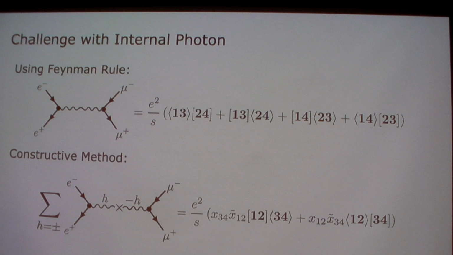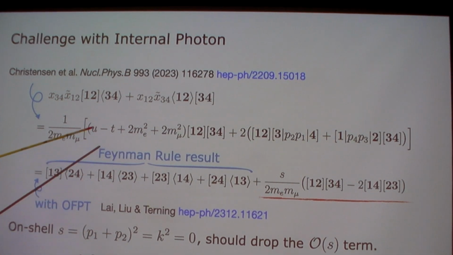Our plan is to apply this constructive method to scattering amplitudes involving magnetic particles. And before we do that, we should check it works for just the standard model case. And it turns out that for this case, it is not that easy.